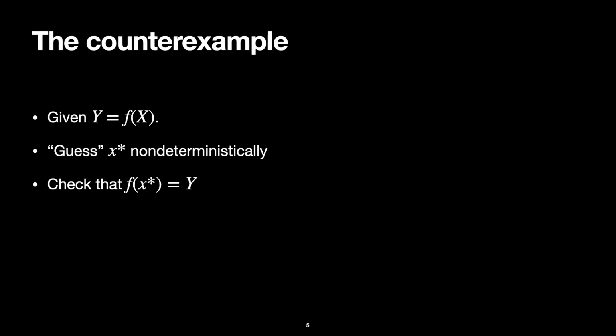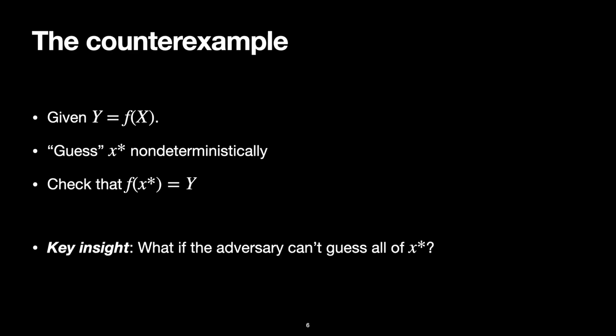This would completely work. Our key insight, and what the rest of the paper and this talk will be based around, is the insight, what if the adversary cannot actually nondeterministically guess all of x star, and can only maybe guess some portion of it? That will be what we define to be limited nondeterminism.